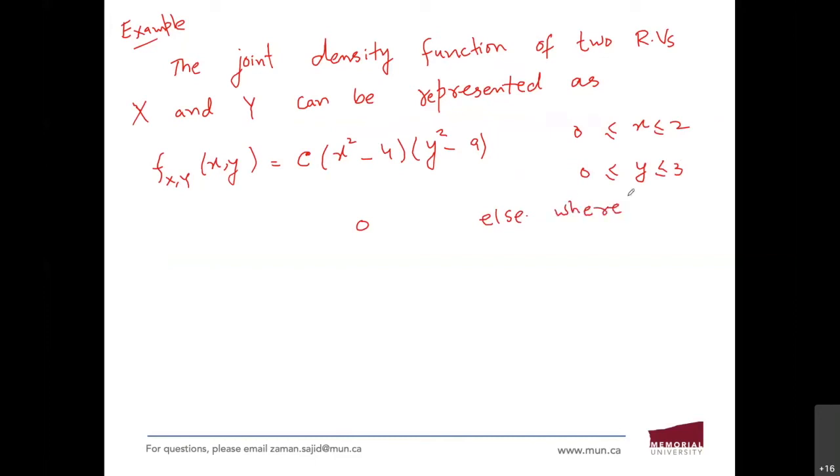So if your value is out of these two limits, your joint density function will be 0.